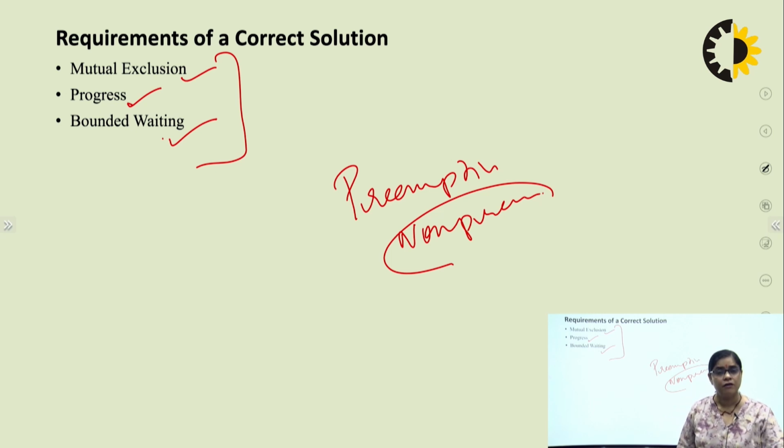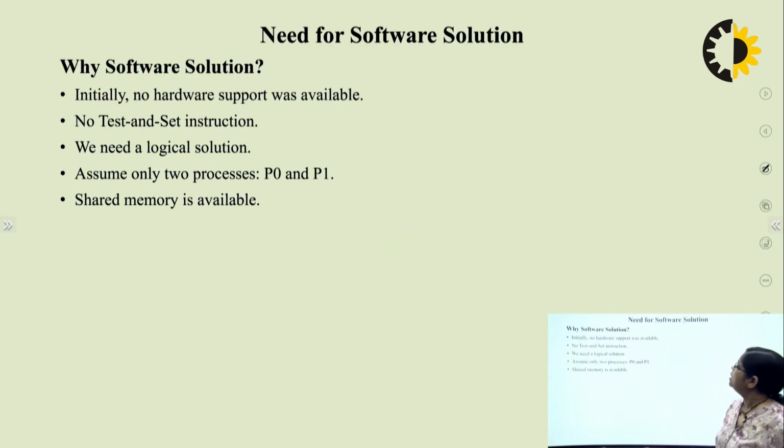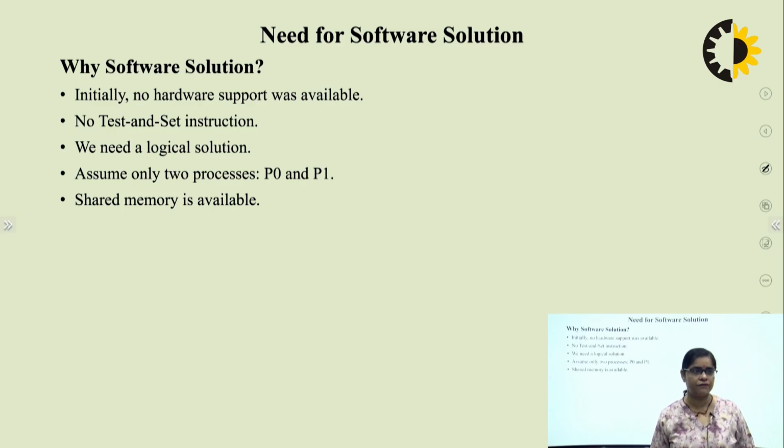Okay, for solving the critical section problem, these three requirements must be satisfied. Now, the need for the software solution. Why the software? See, there are two types of solutions, the hardware and the software. But why do we need the software solution?